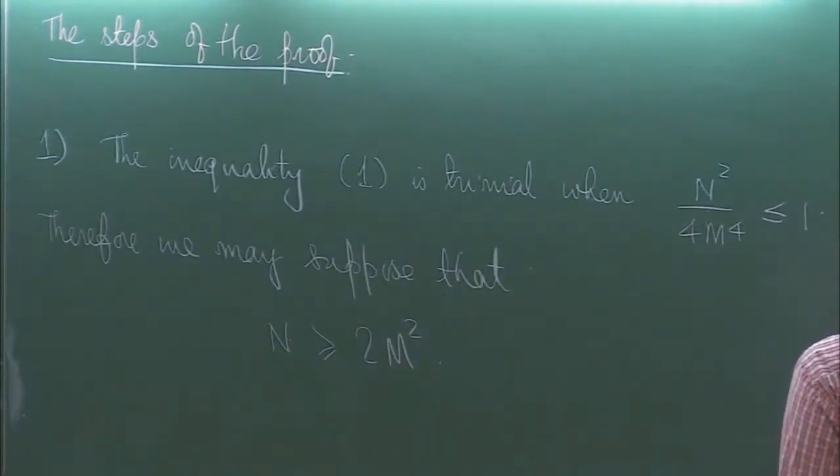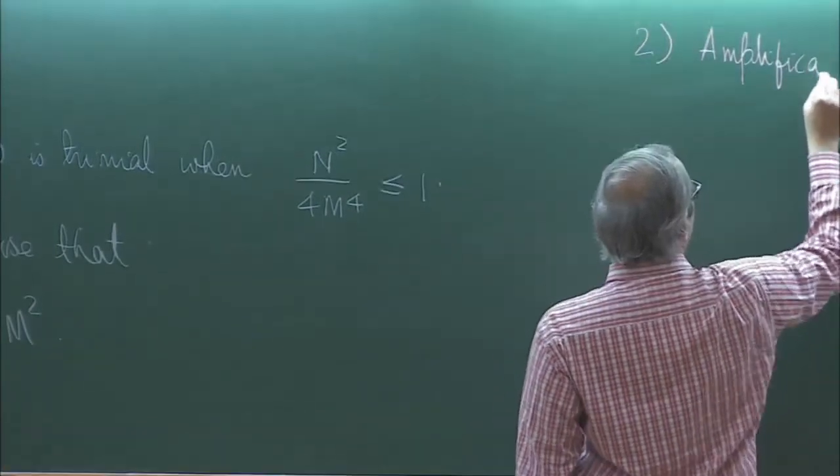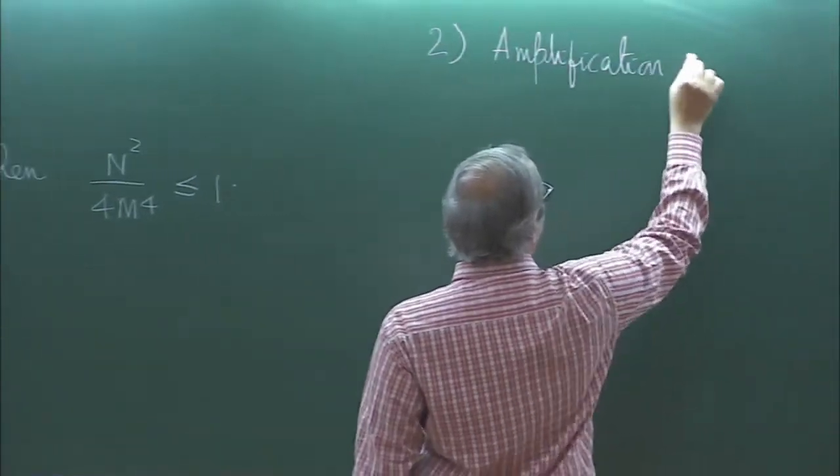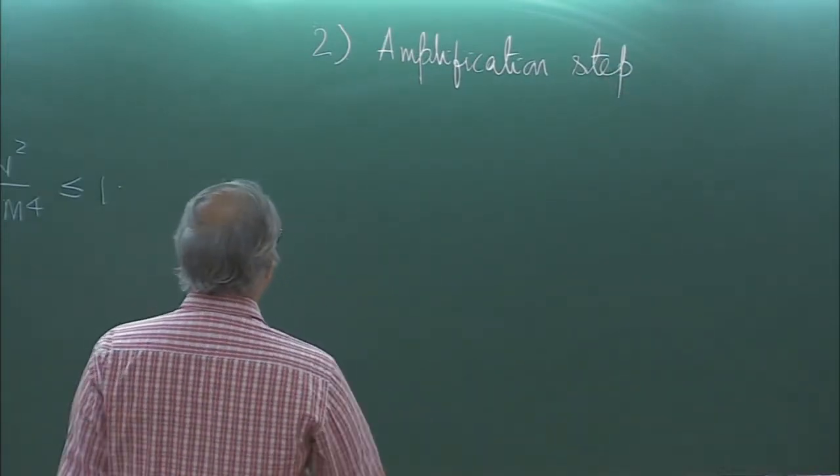Okay, the second step involved the overcounting argument or the amplification step. So this is the amplification step. So we introduce two families.